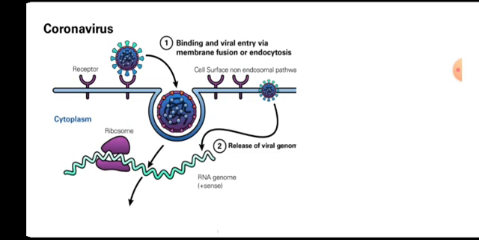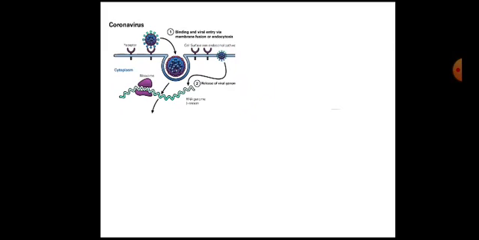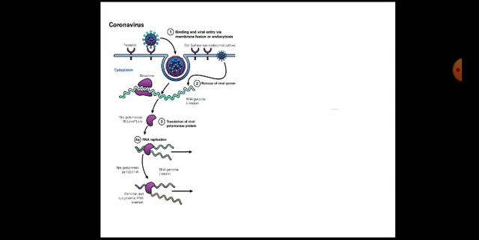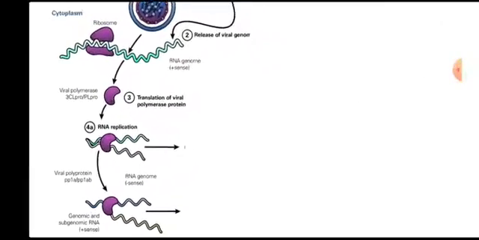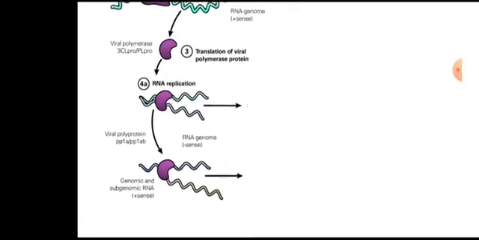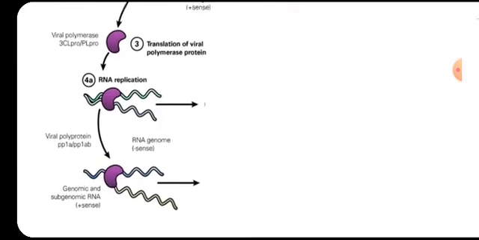You can see the green colored RNA. Once it is released into the cytoplasm of the animal cell, it is bound by ribosomes. Ribosomes, as we know, are the sites for the synthesis of protein. So that is the second step, release of the viral genome inside the cytoplasm.